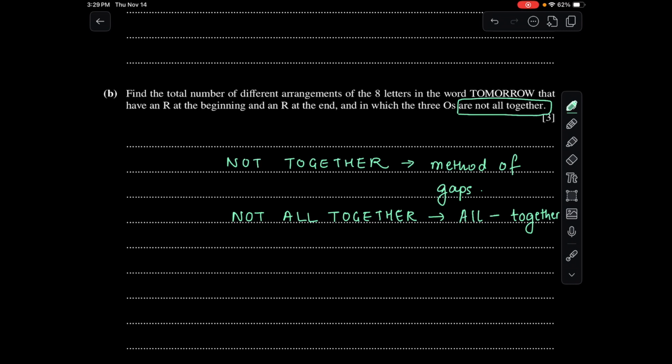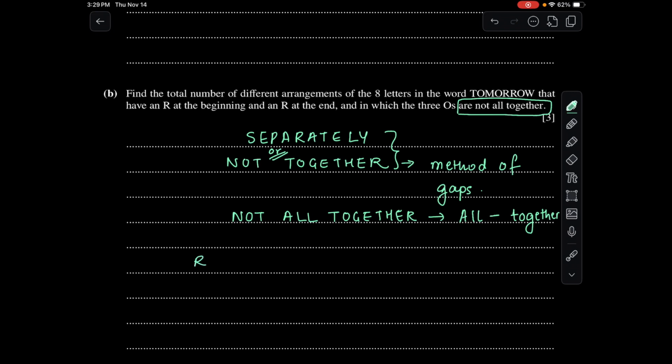So for separately, or not together, we can use the method of gaps, but for not all together, we can only use all minus together. Okay, so let us see now.